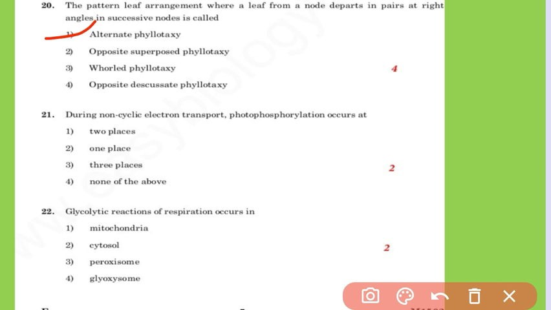For example, calotropis. In opposite superimposed, the two leaves of adjacent nodes lie in the same plane. For example, eugenia. And whorled phyllotaxy, in this type three or more leaves are present around a single node. It is also known as verticillate type. So for this question, the answer is opposite decussate phyllotaxy.